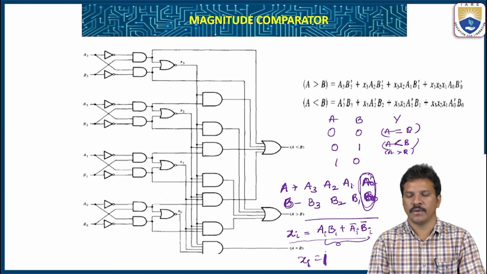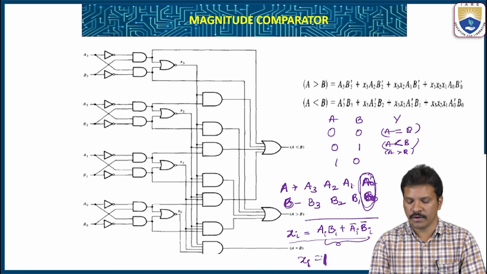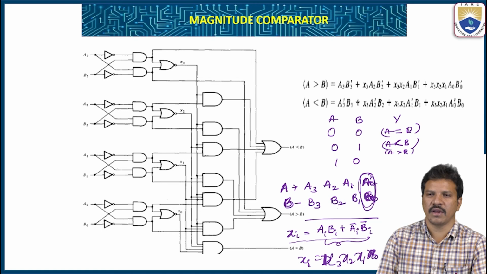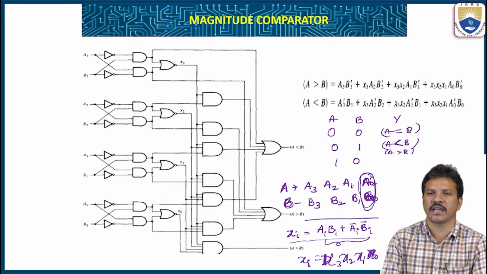This can be connected to an AND gate: x3, x2, x1, x0. If x0, x1, x2, x3 are all 1, the AND output is 1. That output represents that A is equal to B.